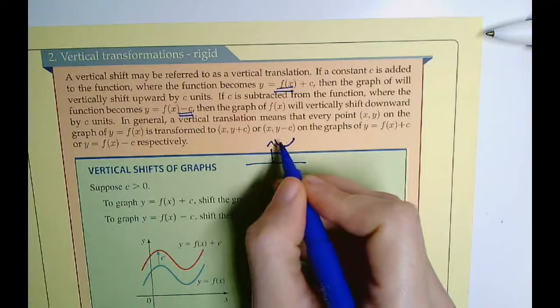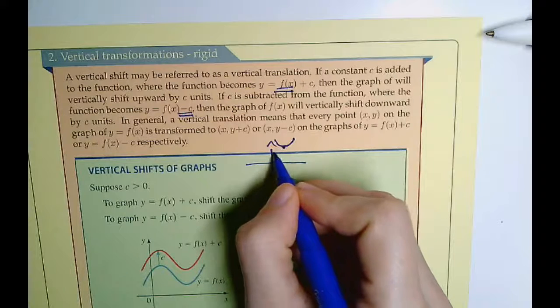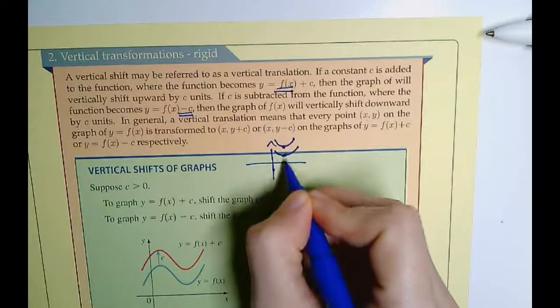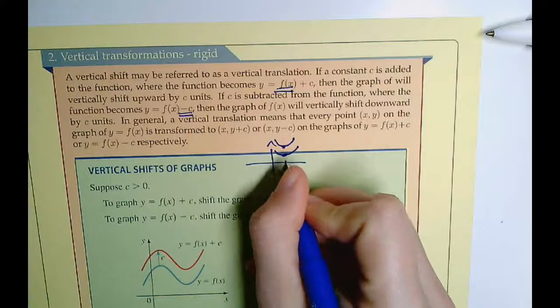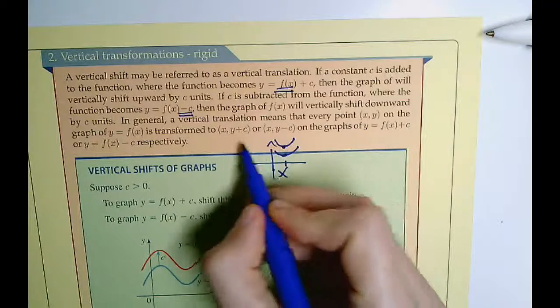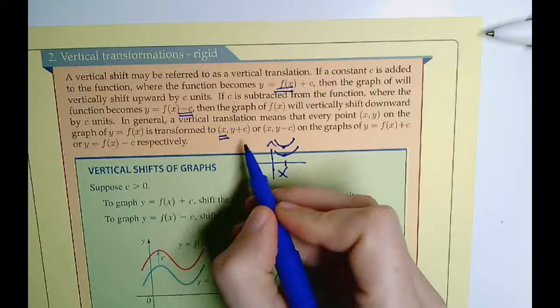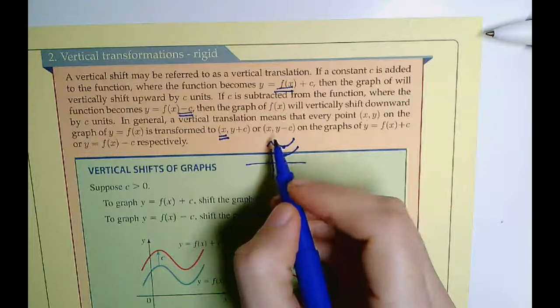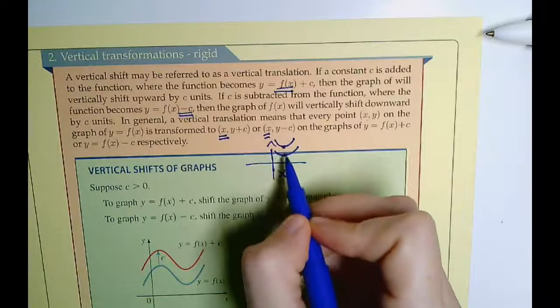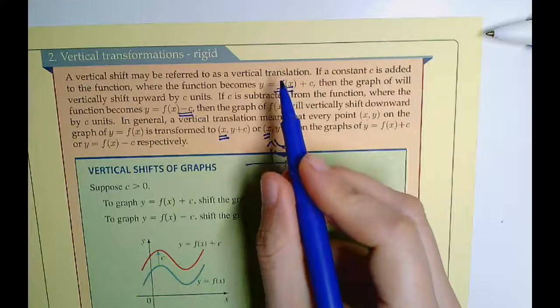If I take this function and move it down, it's only the y-coordinate that changed. The x-coordinate stayed the same. So this is what this is saying right here. When you do a vertical shift up or down, the x stays the same. It's just the y that changes.